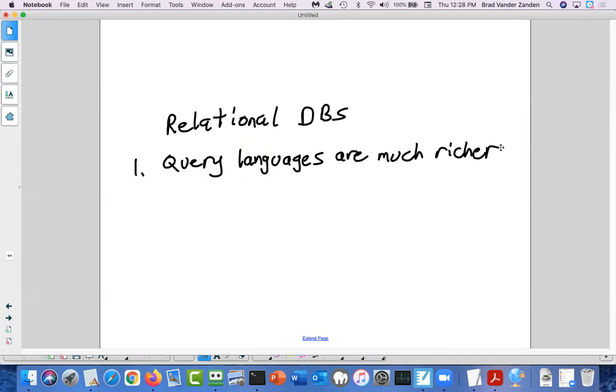It's a lot harder for non-programmers to query a NoSQL database because NoSQL query languages are more procedural.